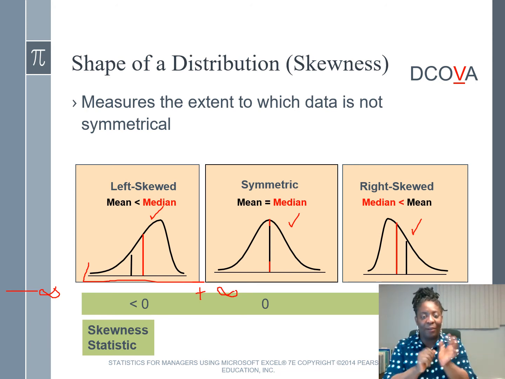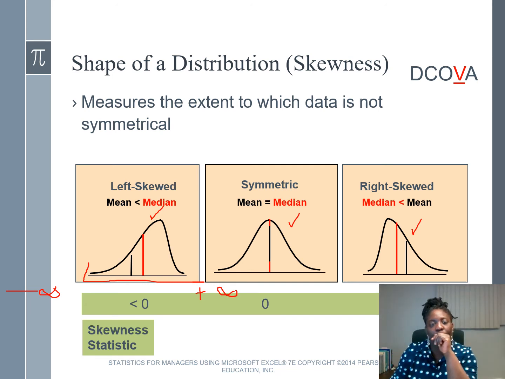It's not my left because the camera is showing a mirror image of me. But if you're looking at your screen, the left side is towards your left hand, and that is left skewness. The right skewness is towards your right hand, that is right skewness.